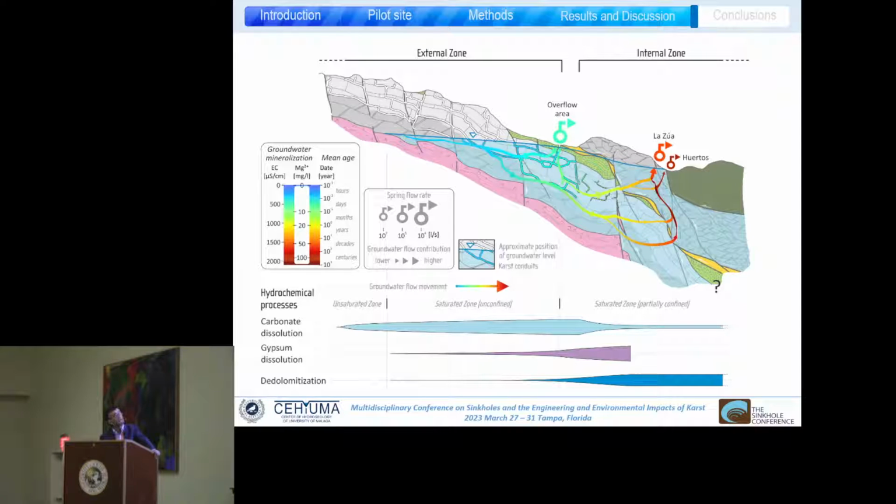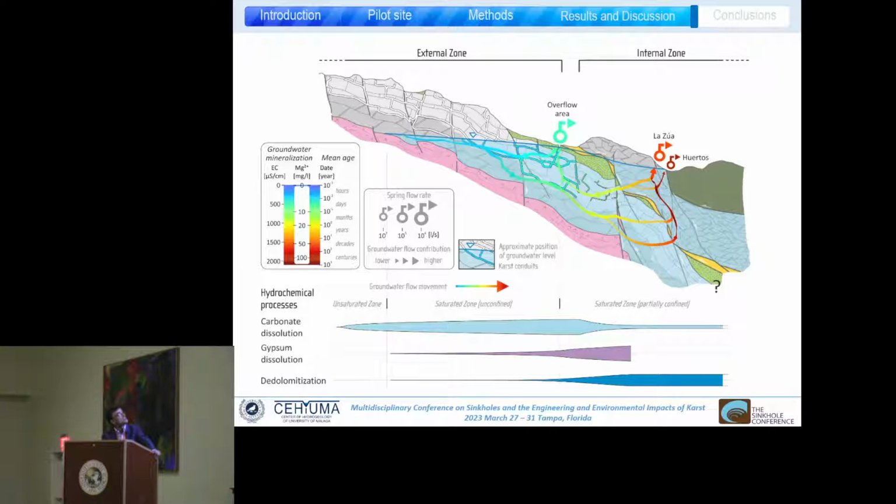And then, during the very high water condition, there are two overflow springs draining more recently infiltrated water. Also, at the beginning of each recharge period, piston flow exists.